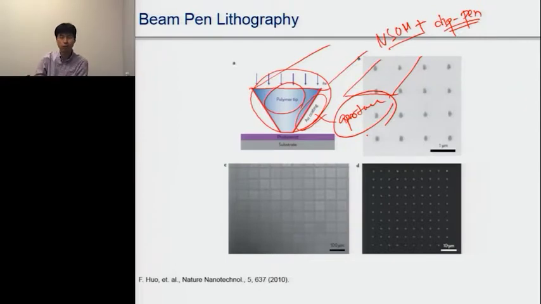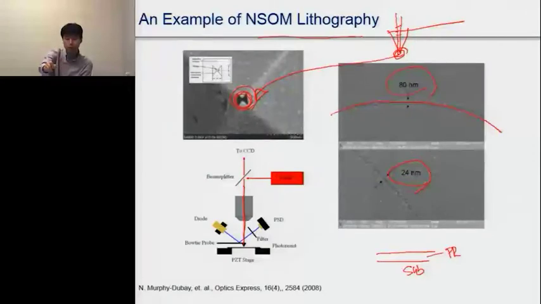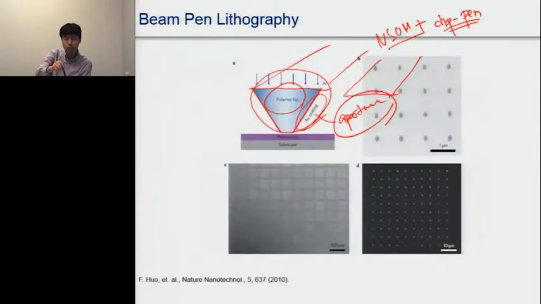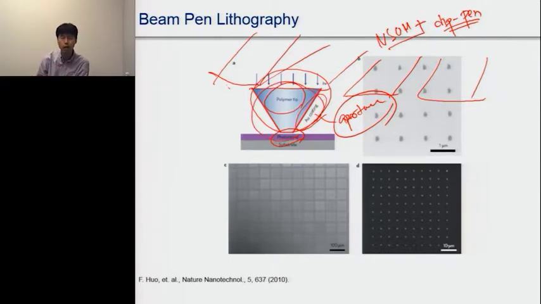So it is very similar to what this aperture lithography is doing, and using this kind of photosensitive materials, we can directly write whatever patterns we want to write. But in this case, it has multiple probes, an array of probes, so its writing time is much faster. And in this example, the dot size is about 111 nanometers.